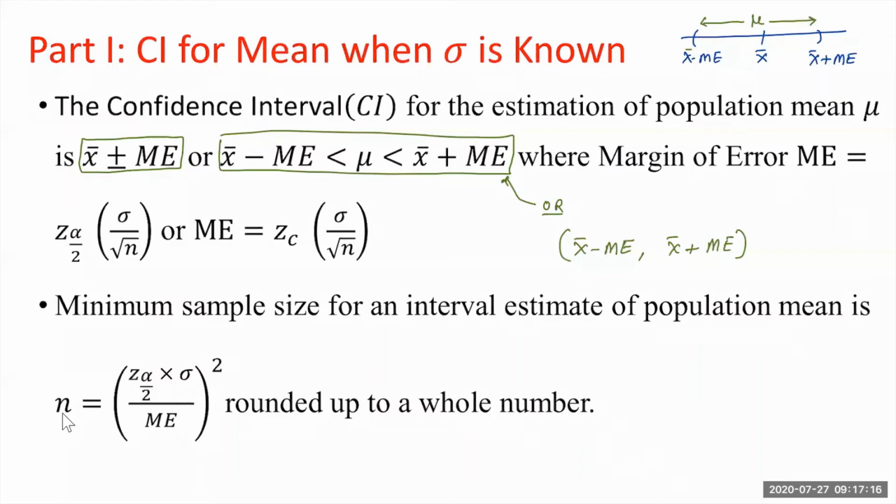So sample size is equal to Z alpha over 2, or you can also write Z sub C, it is the same thing, times sigma divided by the margin of error. This is the second formula that we'll be using in the next two examples. These are the two important formulas that we need to know.